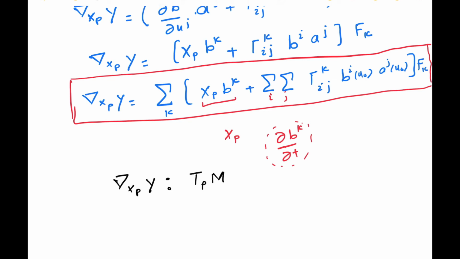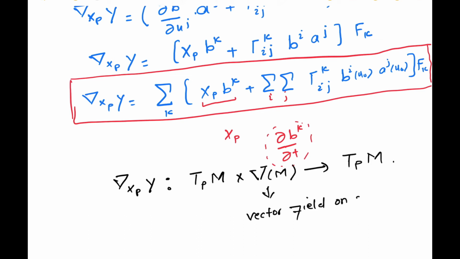It takes two vectors, one from the tangent space and the other from the vector field on the manifold, and it gives us a vector in the tangent space. So this is a vector field on the manifold.